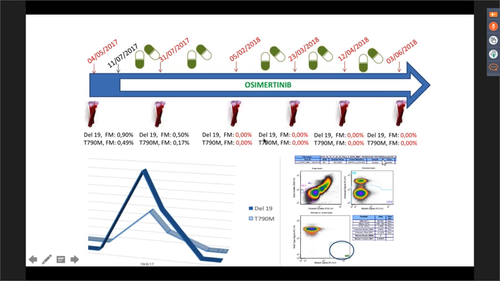And in the monitoring, all the samples remained negative until last month. That was the last sample that we analyzed in this patient. Our patient continues treatment with osimertinib until now.